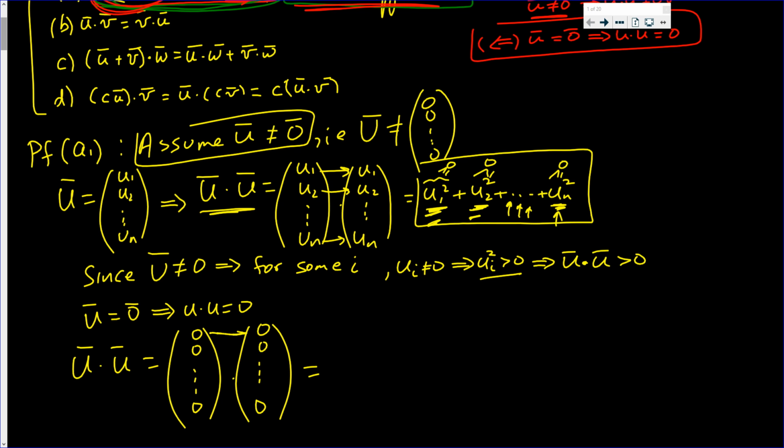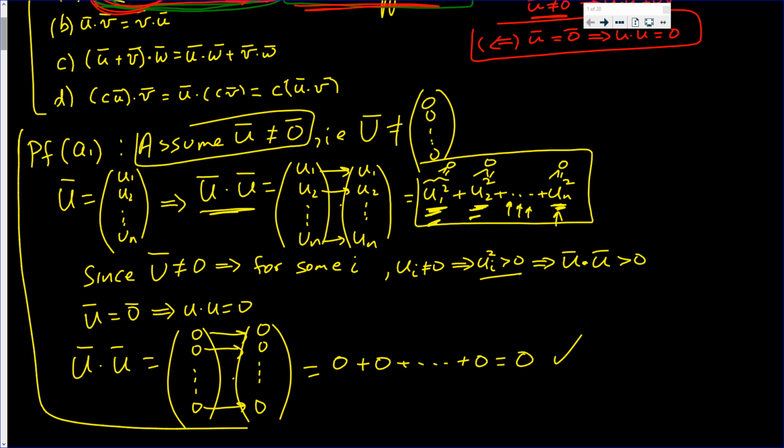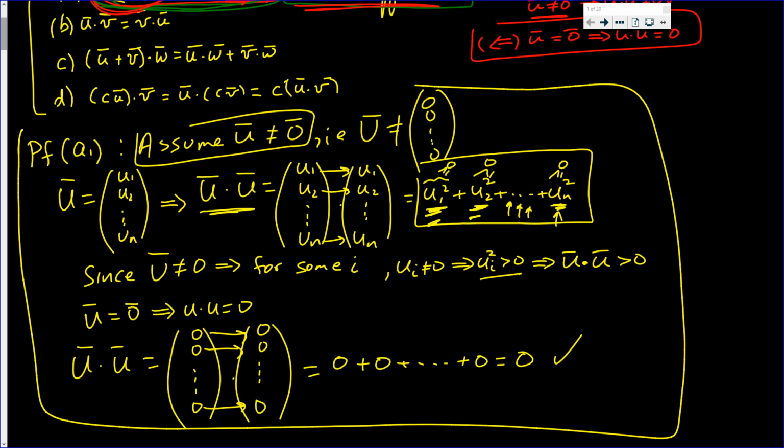And this is going to equal, well, you multiply those numbers, you get 0, plus you multiply those numbers, you get 0, dot, dot, dot. You multiply those numbers, you get 0, you get 0. So A has been proven. There's the proof for A.